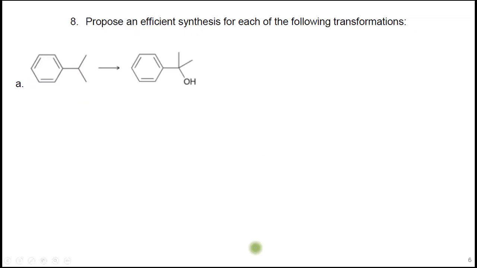All right, so we're going to change gears and do an efficient synthesis. So what I'm noticing is that I've added an alcohol. That's the only thing that's different here. So we can look at our reactions where we can add an alcohol or some functional group to the benzylic position. So I can use NBS.